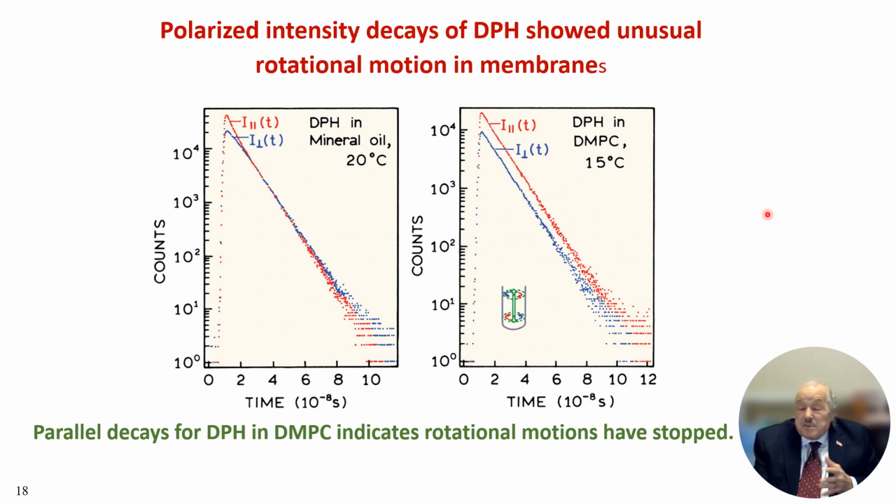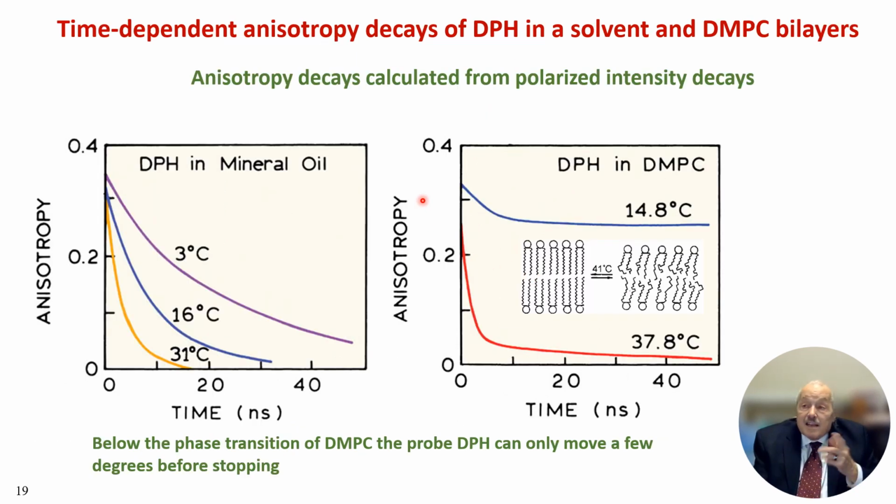So this was solved pretty quickly, what the reason for it was, but I'll go through the details just so you can understand. Let's take those same curves we had in the previous slide and show them as the calculated anisotropy decays. In mineral oil, I only had one temperature on that curve, but in mineral oil, they always decay to zero. That's what you expect for an isotropic solution.